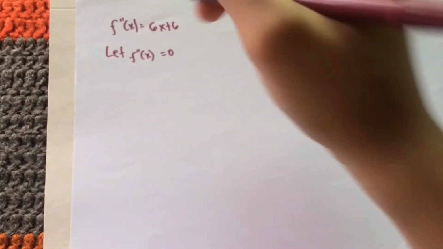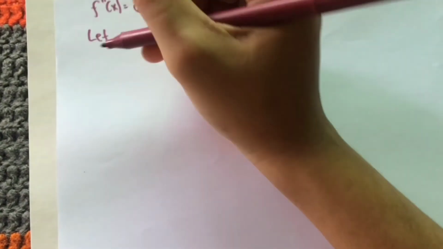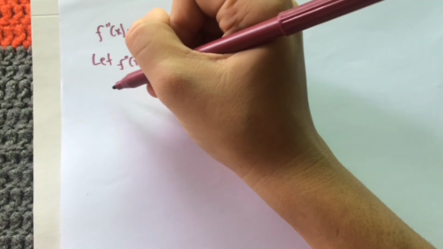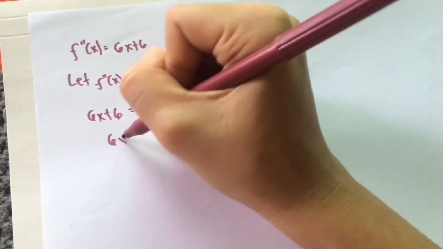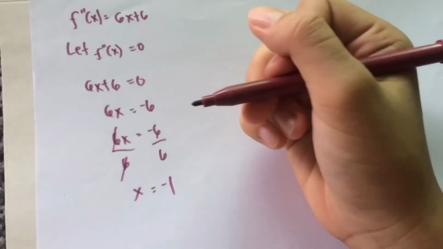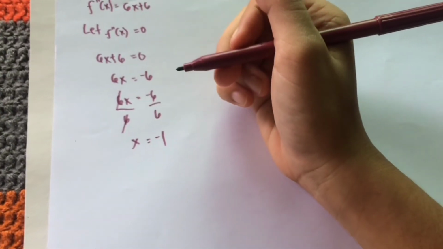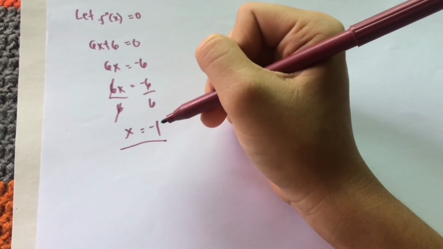Looking back on our previous clip, we already solved this and we got negative 1. I'm going to show you this again. Now we will substitute negative 1 into the function.